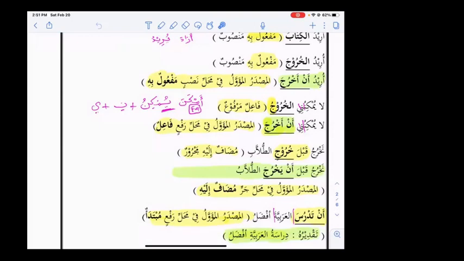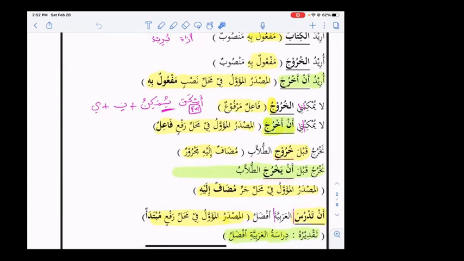Now we can say nakhruju qabla an yakhruja tullabu. We came out before the students came out. Same meaning, but in a different way.